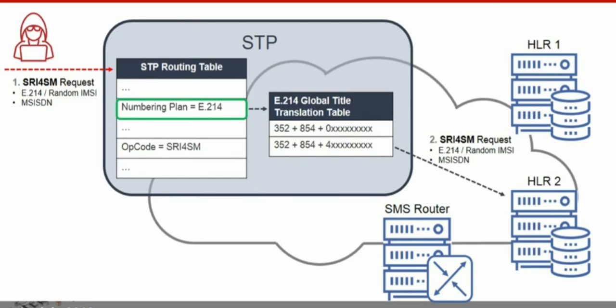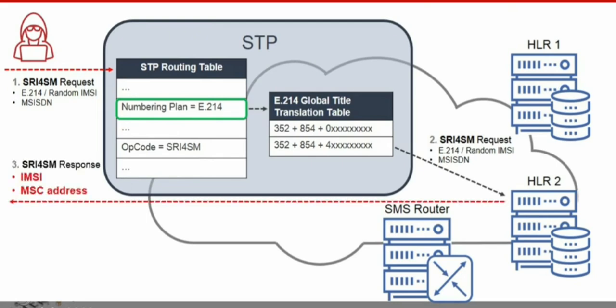The routing table finds that the numbering plan is E214, the third type of identities, involves the appropriate translation table, and delivers this signal message to the HLR, not to the SMS router. The HLR replies with the correct data. So the SMS home routing system is bypassed, and the intruder has all the information he wants.